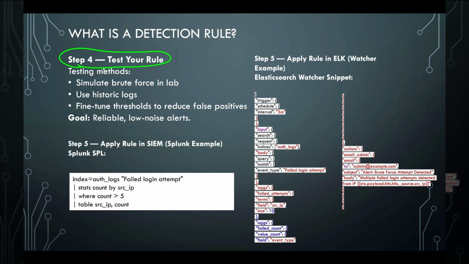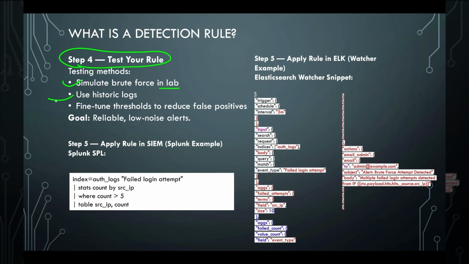So here are a few ways you can test your detection rule. You can simulate the activity, for example, run a brute force attack in a safe test environment to ensure that the rule catches it. And then use historical logs, so you can verify it with sample logs. You can use historical logs that contain the brute force attempt to see if the rule triggers as expected.